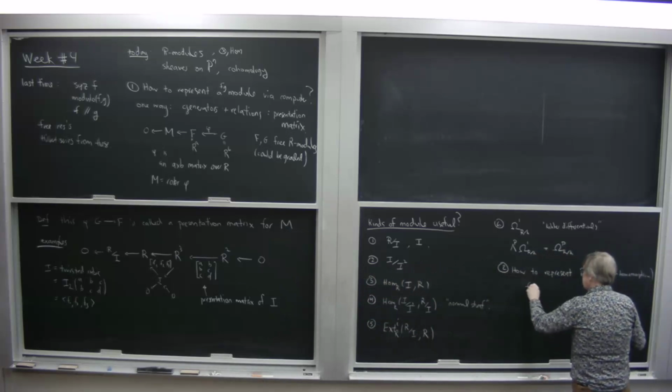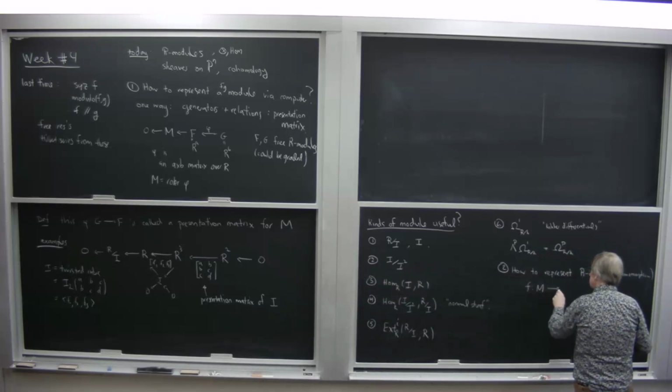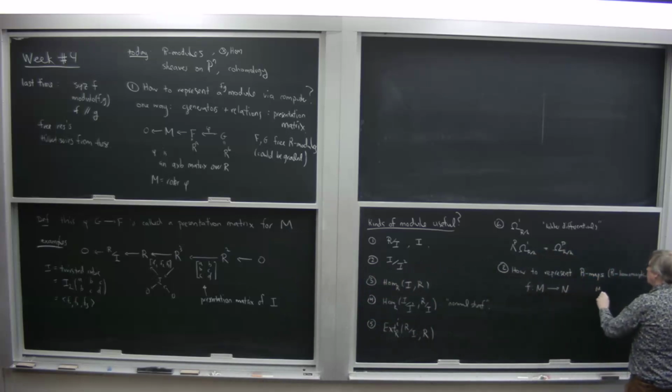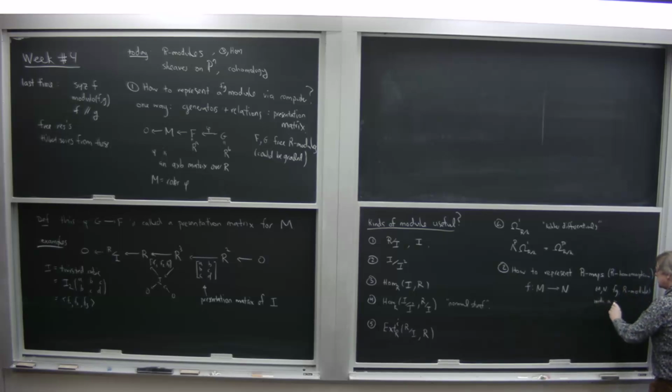Let's call it F from M to N. And for us, M and N will be finitely generated R modules, and we will typically have them with a presentation. Don't necessarily need it, but what we'll have is that.